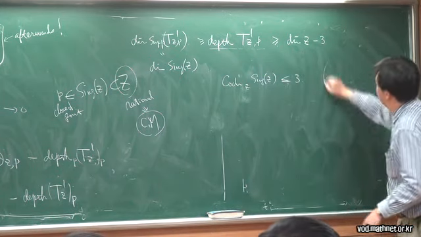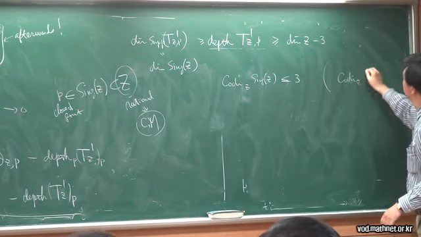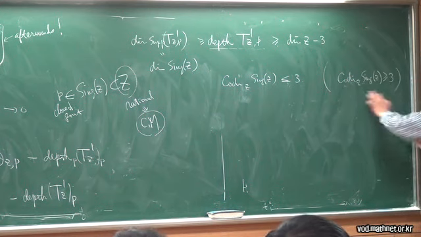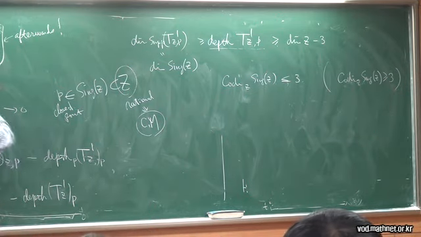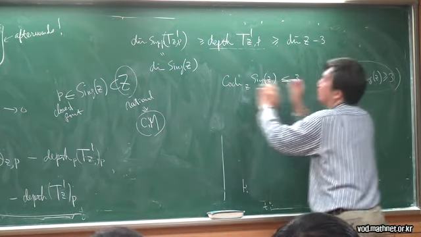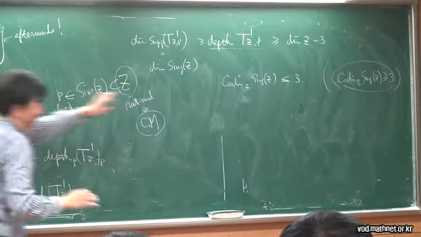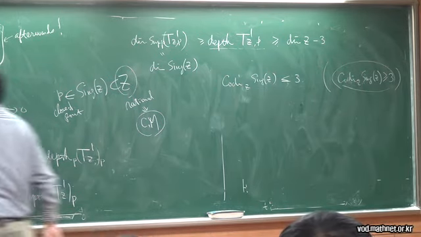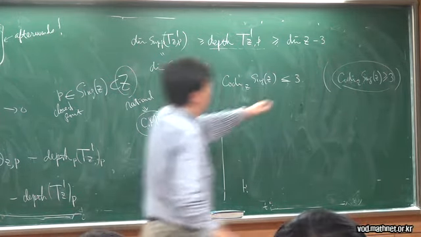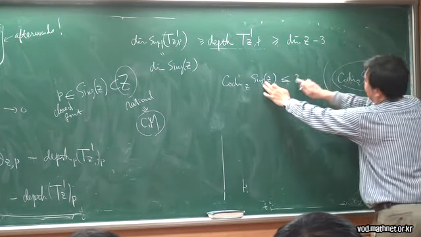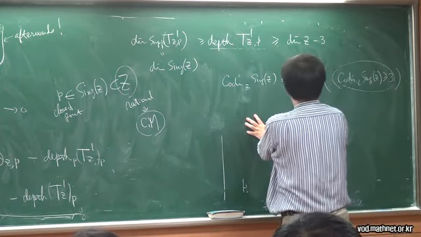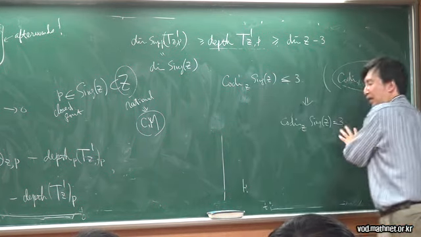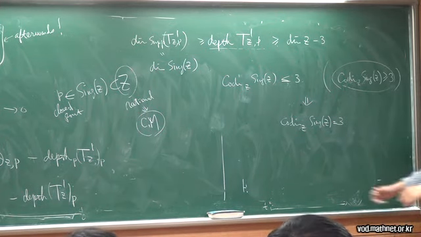But the original assumption is that codimension is bigger than or equal to 3. I have not yet used it because I will use this to prove this. So if we have this condition, then we apply this argument. Anyway, the original assumption is this. So this and this imply that codimension of Z is 3, and we proved the Mobius result.